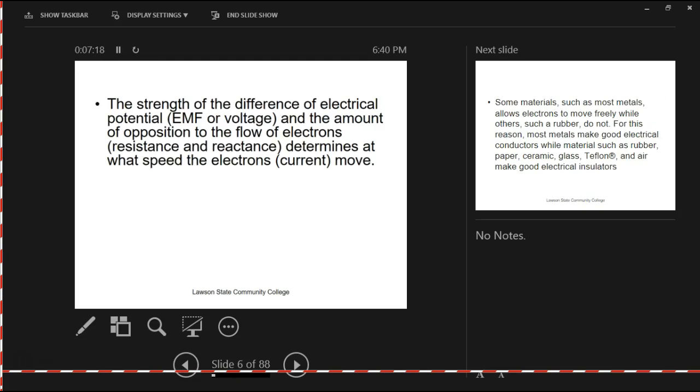The strength and the difference of electric potential, we call it voltage, or it's also called an electromotive force. You'll run into both of these in electronics.